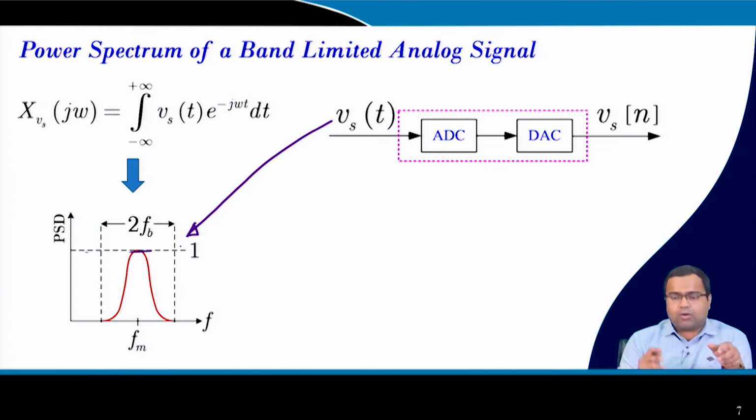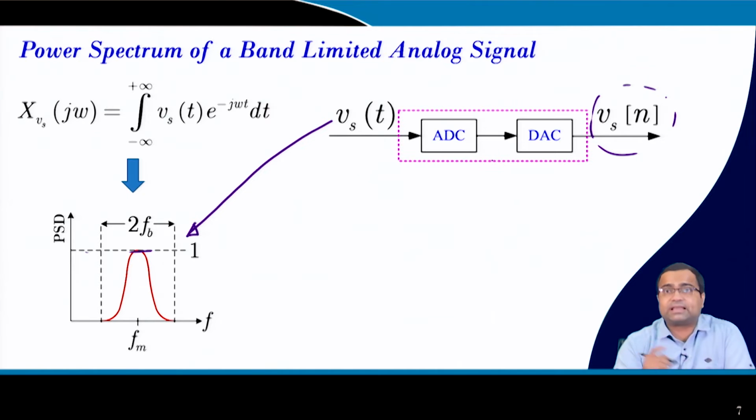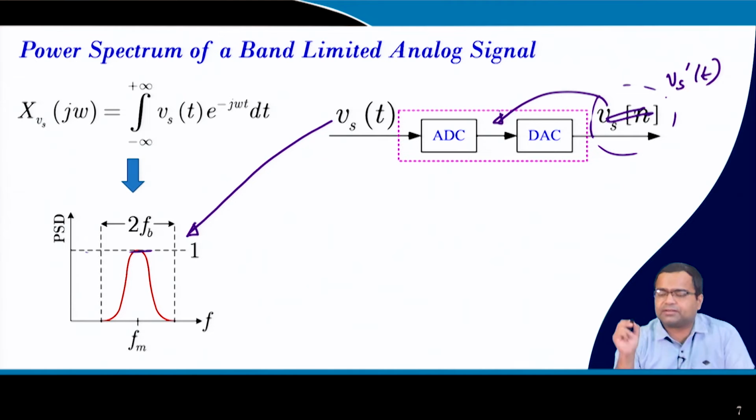Now, we want to see what will happen to the power spectral density of the sampled signal, that is, ADC followed by DAC. Again it is a continuous signal, Vs dash t, because it is discretized and then after that it again becomes a continuous time signal.